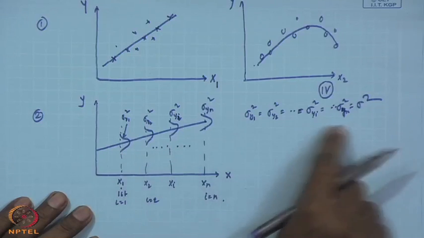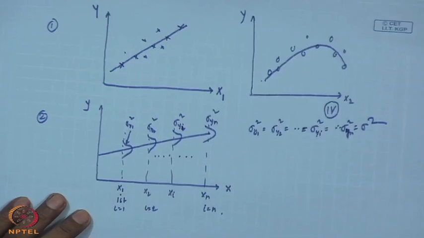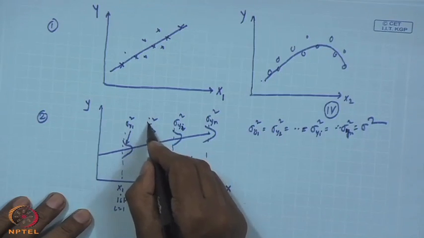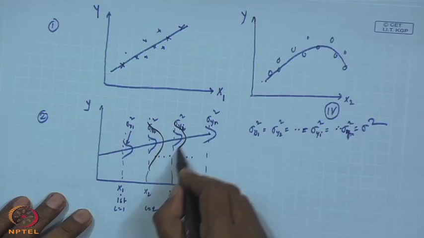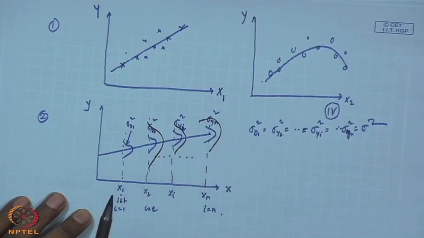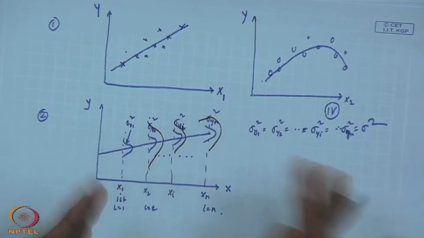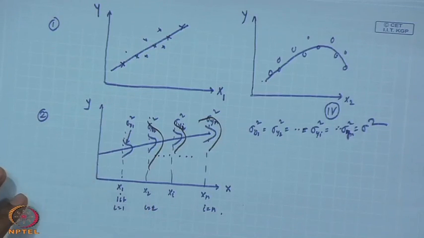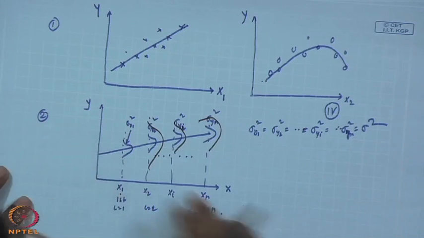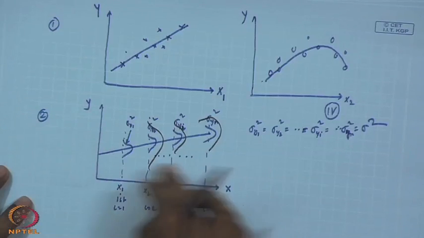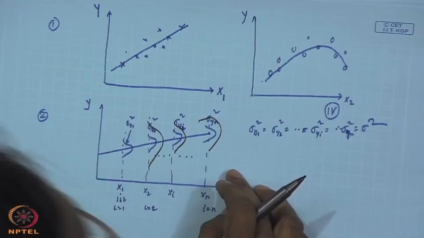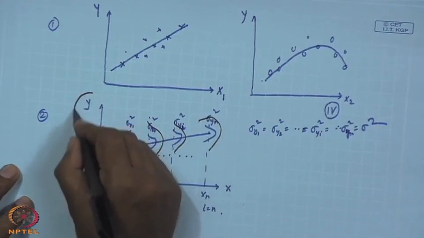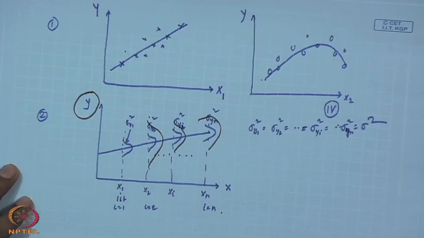If there is a violation of this, for example, your plot may not be like this, your plot may be something like this: here it is okay, but here maybe it is like this, here maybe again small, here maybe again big. So, across x values y is not homogeneous from a variability point of view. If that assumption is violated, you require transforming variables, but in that case you have to transform the y variable.